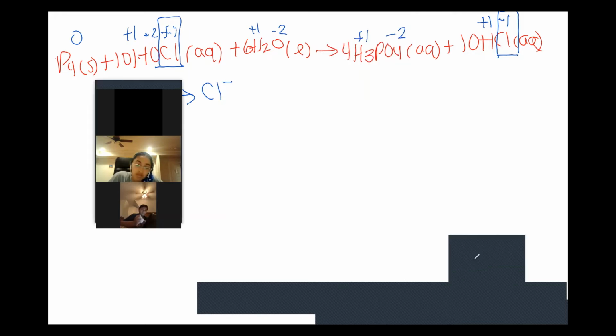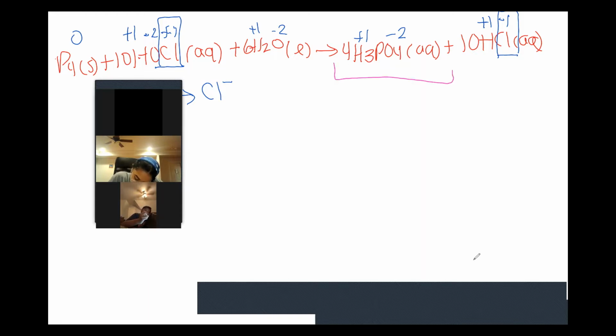So now this is a bit of a tricky part. We have to figure out what was oxidized. And you'll see that it comes from this part over here. So 4 times +1 for hydrogen, right? Plus P plus 4 times -2 equals 0.